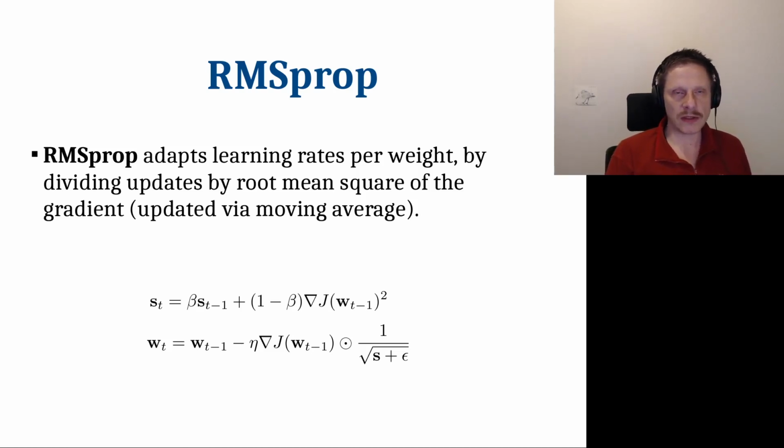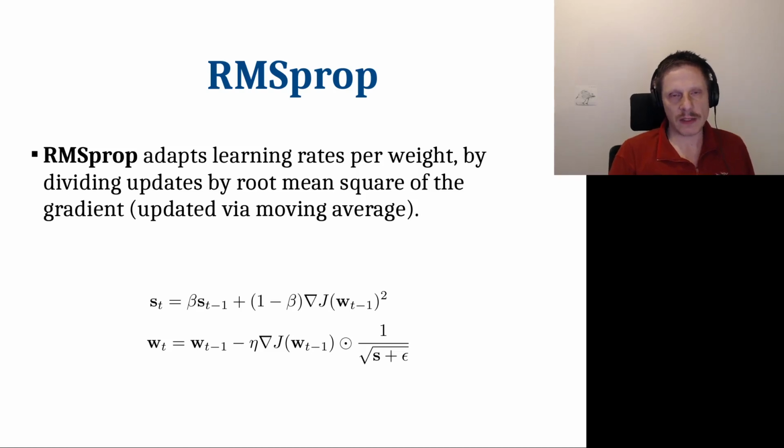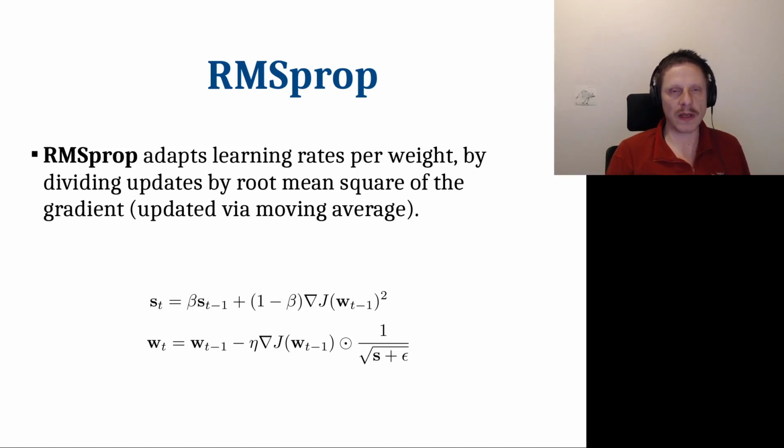But the general idea here is that we will adapt learning rates, or the amount of update per weight, by dividing updates by the root mean square of the gradient, and this mean we compute by moving average using this exponentially weighted average approach.